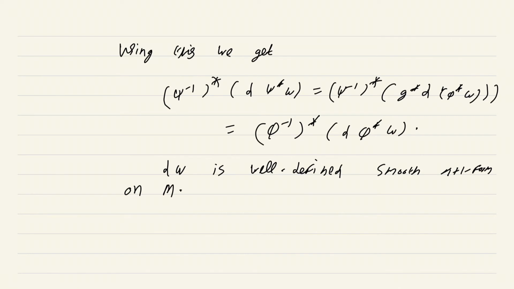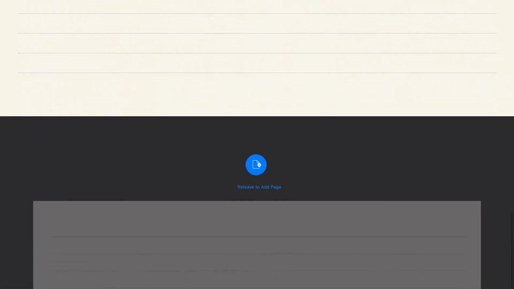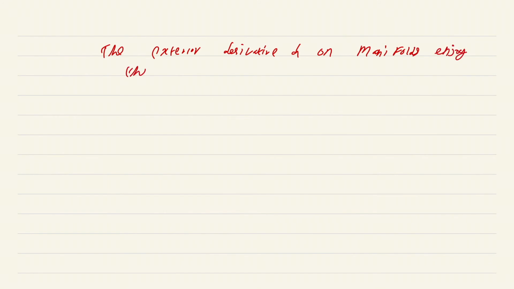Now given the fact that we have various simple properties of the exterior derivative on open sets, it should not be surprising that the same results are also true for manifolds. Let me just state that result and leave the routine verification to you. The exterior derivative d on manifolds enjoys the following properties.